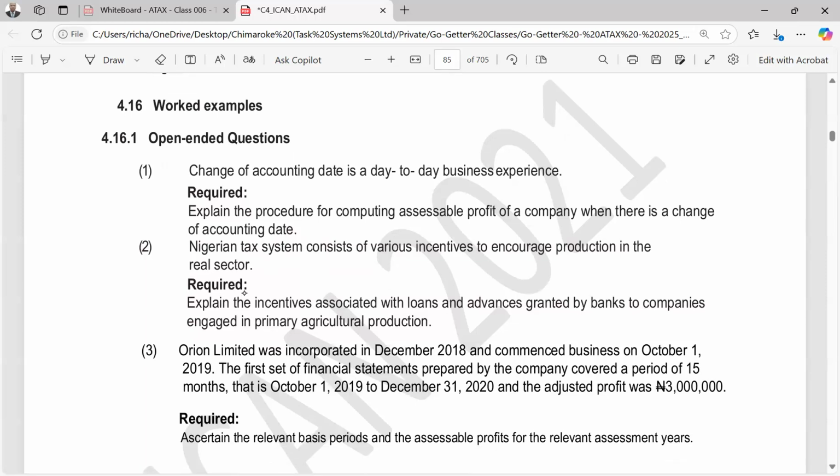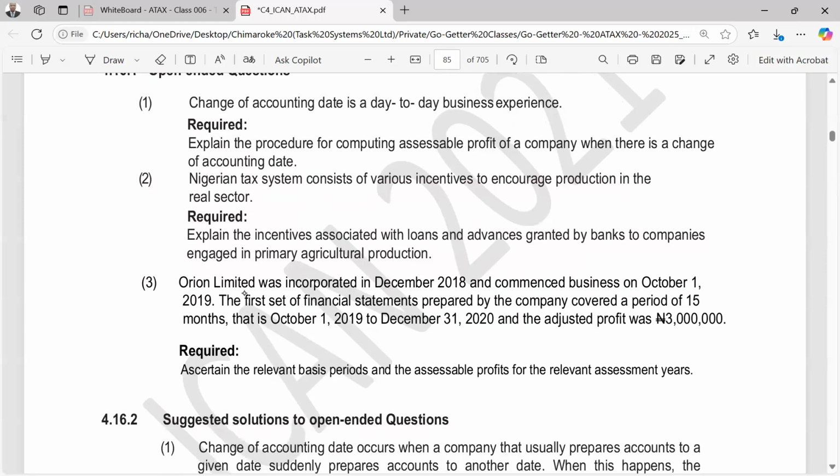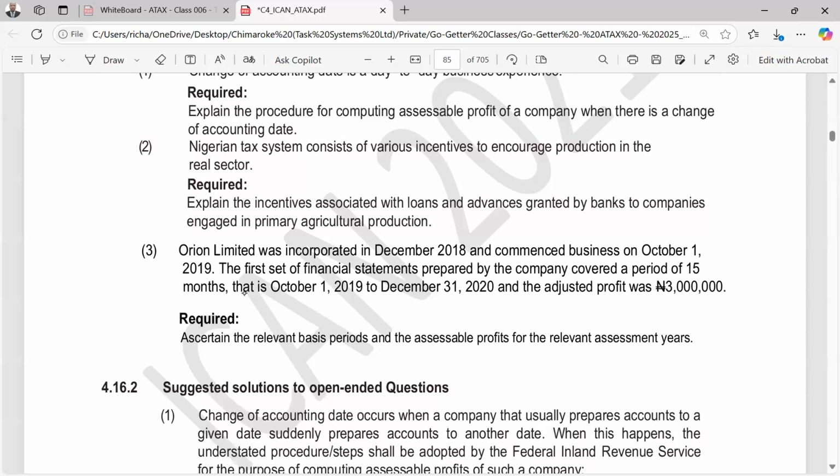Let's look at one question here. Question 3. Oron Limited was incorporated in 2018 and commenced business on October 1, 2019.